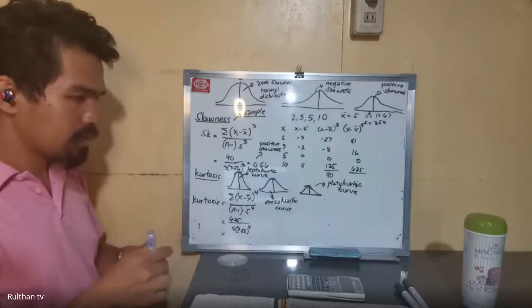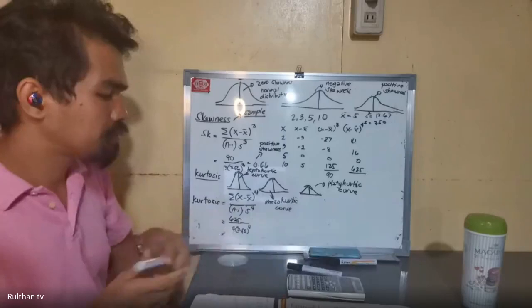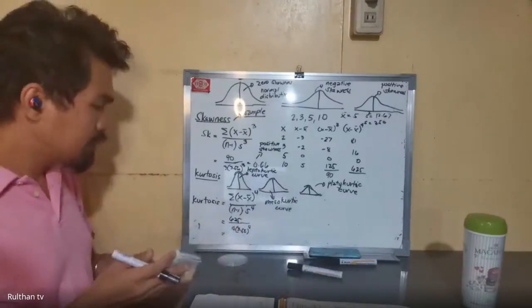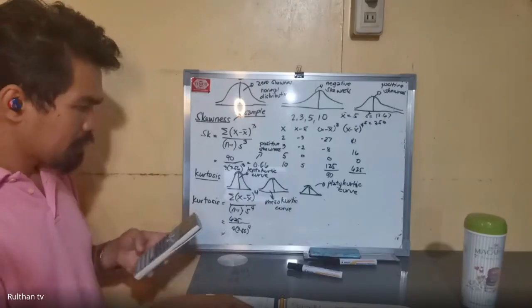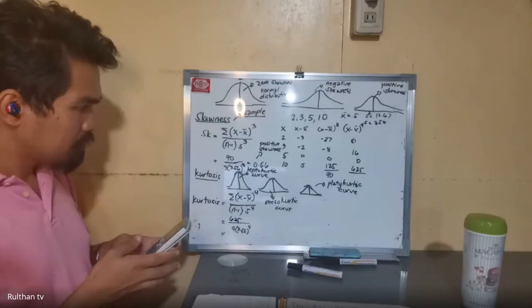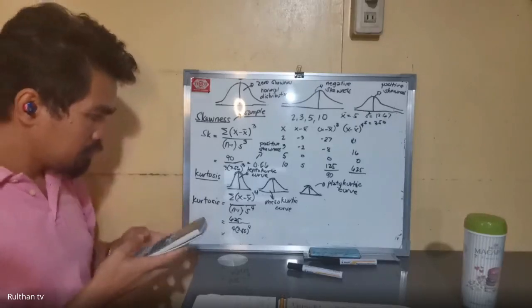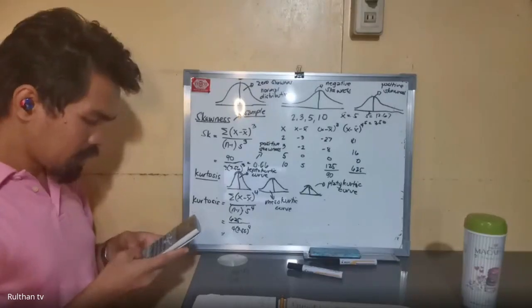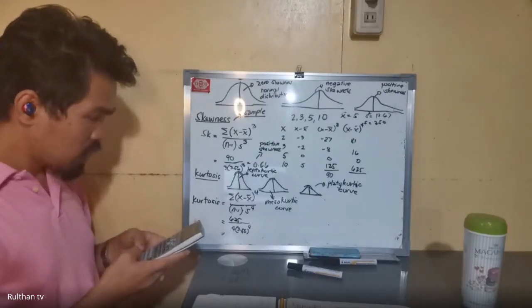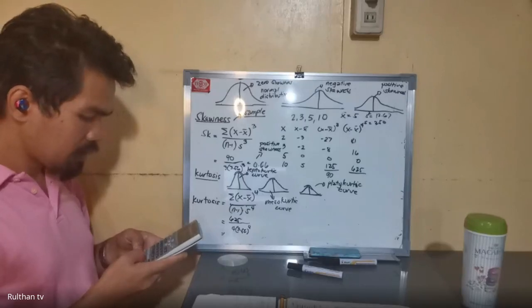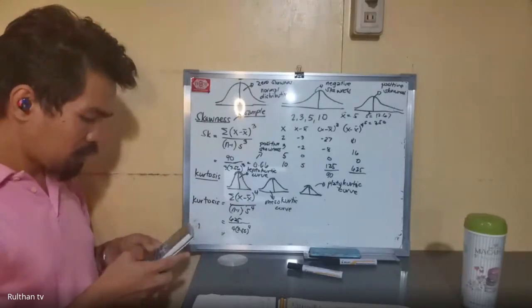What's the answer? 625 divided by 4 times 3.56 to the power of 4.